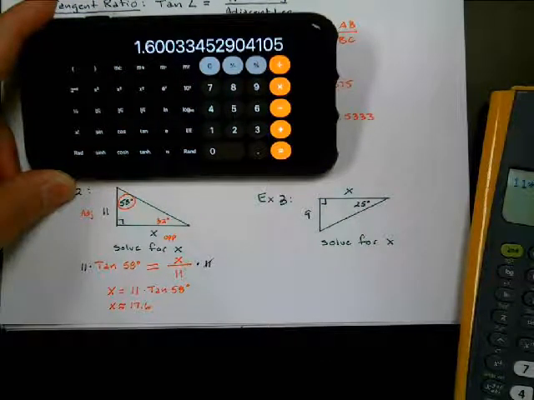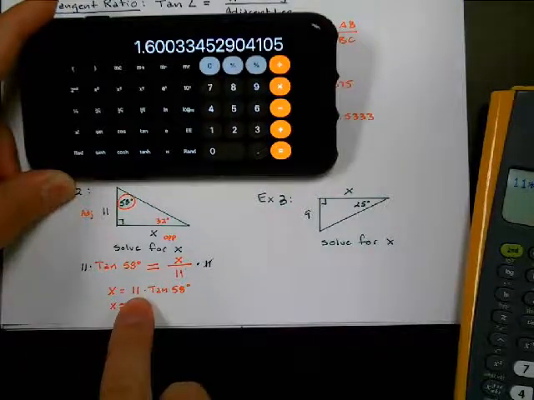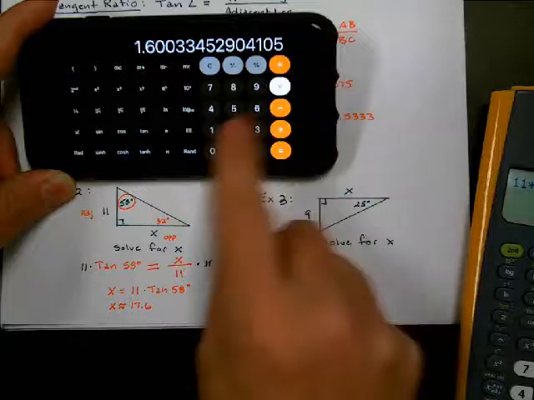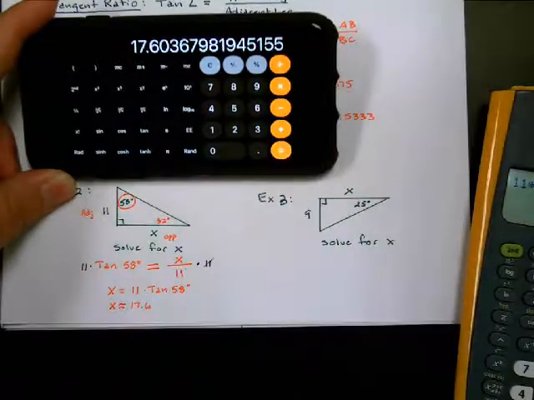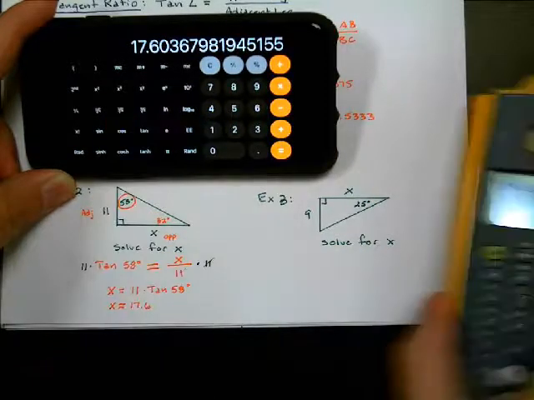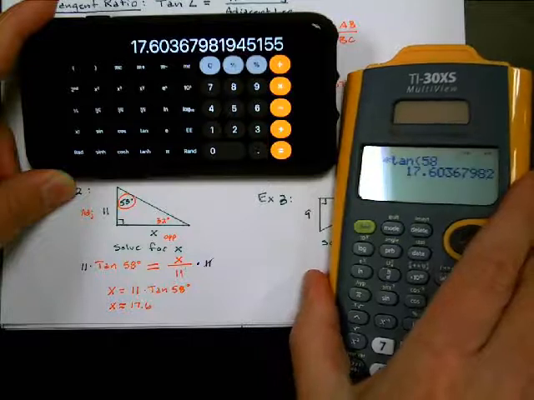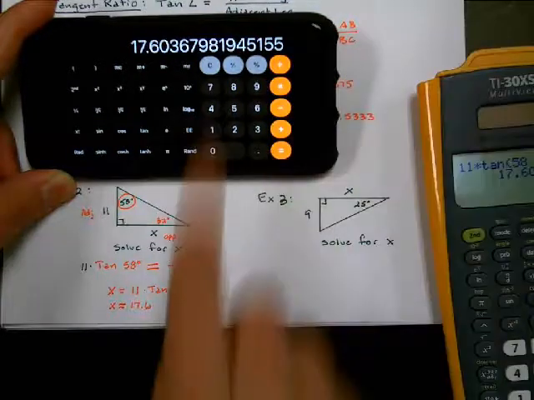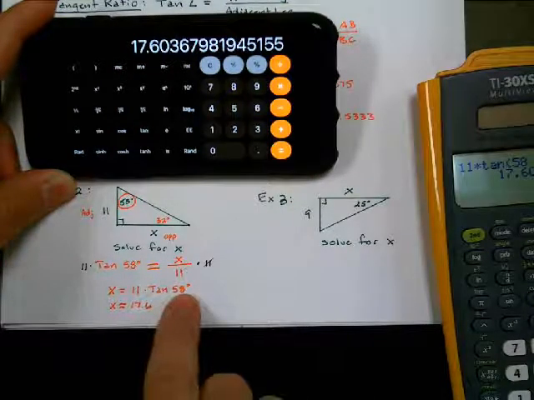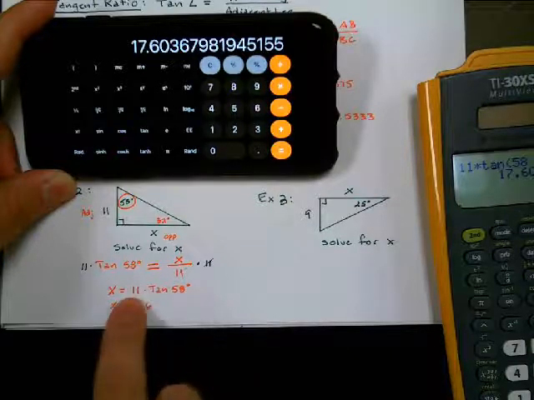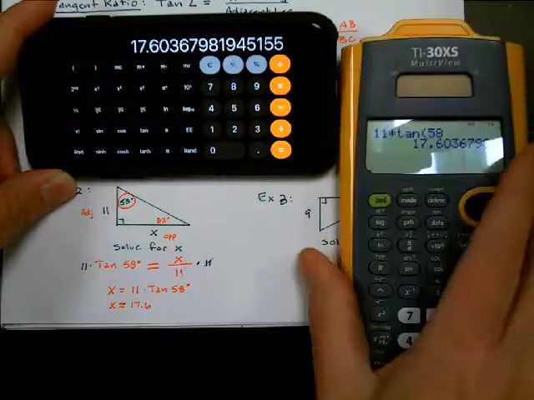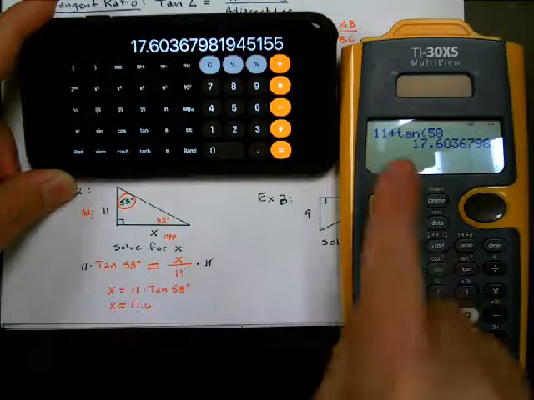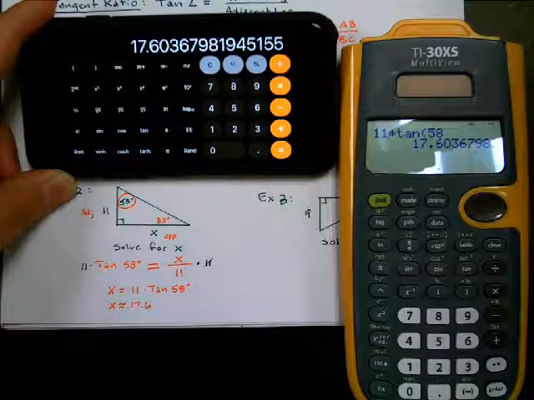All right, and then you multiply by 11. So times 11. And it comes out to 17.6, which is exactly what we got over here. Remember, on these types of calculators, you just plug it in backwards, 58 tangent times 11. On these, you type it in exactly as you see it, 11 times tangent 58. Same answer, either way you do it.